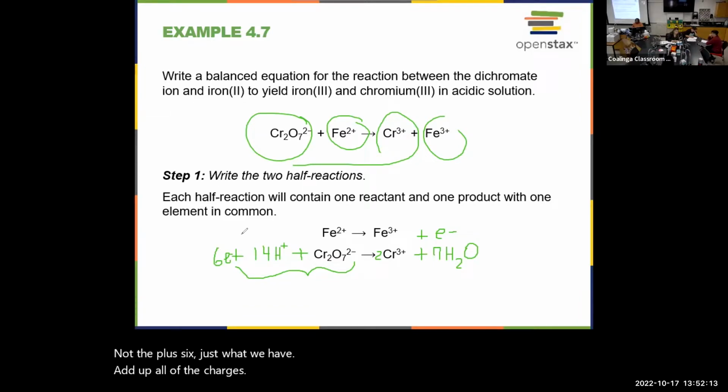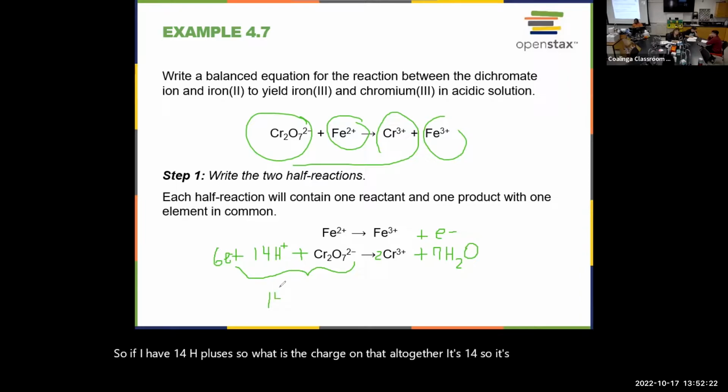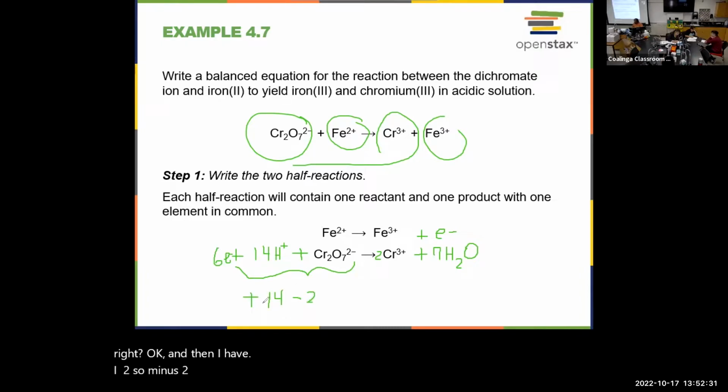So if I have 14 H pluses, what is the charge on that altogether? 14. It's a positive 14, right? Okay, and then I have a minus 2. So minus 2 to 14 is what? 12. So I have a total of 12 charges on this side.